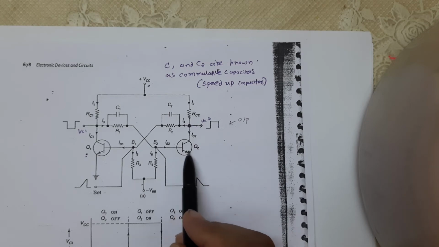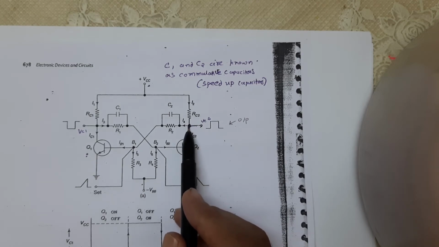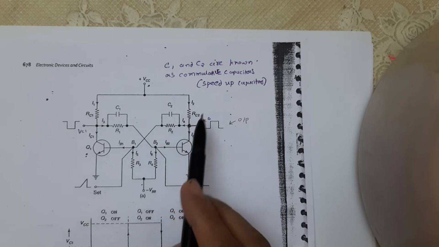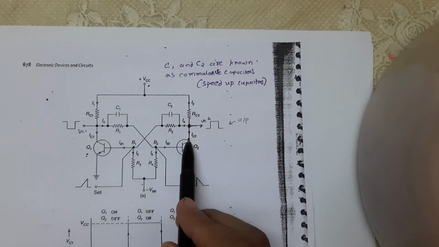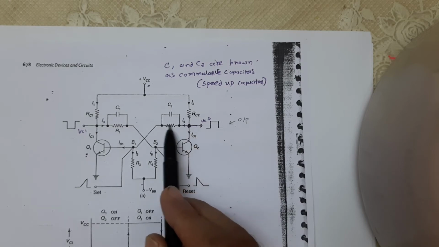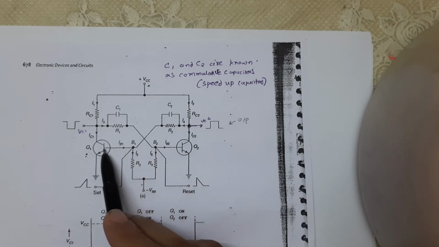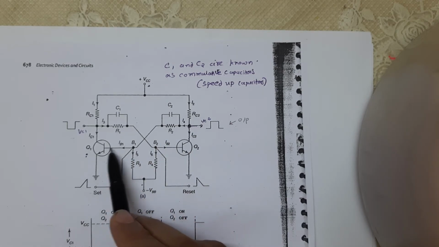When Q2 is on, then whatever the voltage here, that means VCC, it is decreasing. The fall in the collector voltage is now coupled to the base of Q1. So this voltage is now in decreasing mode, nearly zero, wherein it reverse biases the base emitter circuit and Q1 is thus switched off.